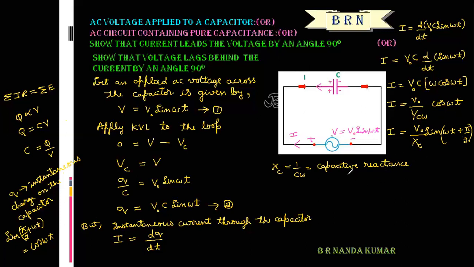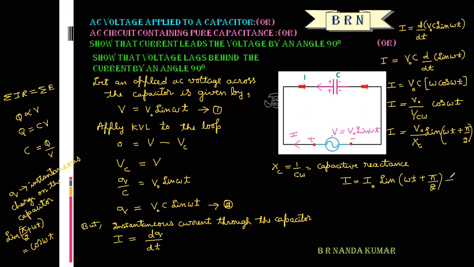So I is equal to V naught divided by Xc. That is the peak value of current through the capacitor. That means the maximum value of current flowing through the capacitor is I naught. So I is equal to I naught sine of omega t plus pi by 2.